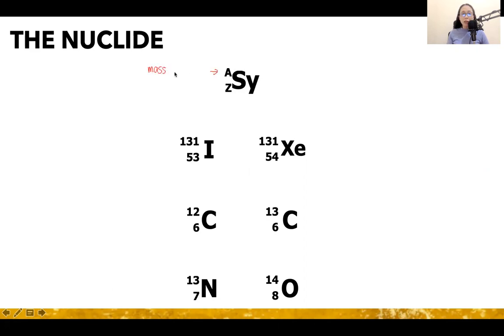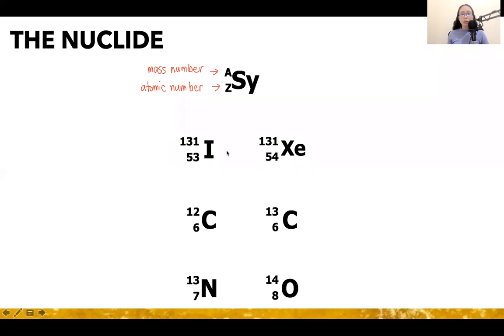Again, we determine the mass number by adding the number of protons and the number of neutrons. Meanwhile, on the lower left side of your symbol, you write the atomic number. And the atomic number is equal to the number of protons. Again, your atomic number determines the identity of your element or atom. So which element is that specific atom? It depends on the atomic number.